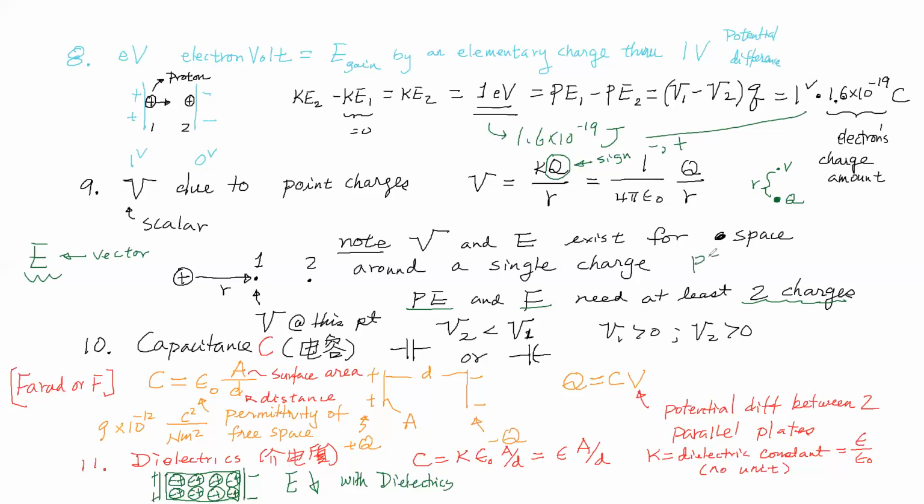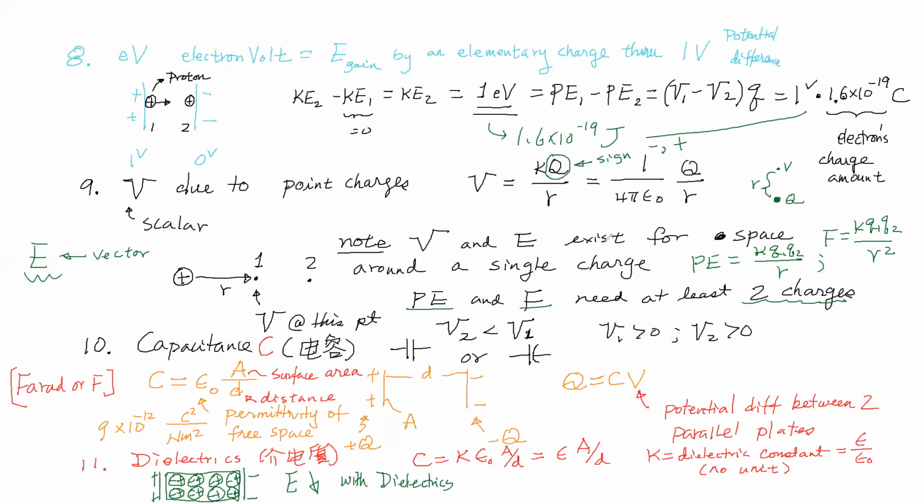Remember, PE for 2 charges is equal to K Q1, Q2 divided by R. F is equal to K Q1, Q2 according to Coulomb's law, divided by R squared. Again, Q1, Q2. But for V and E, you just need a Q.